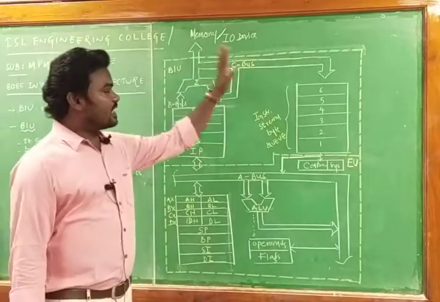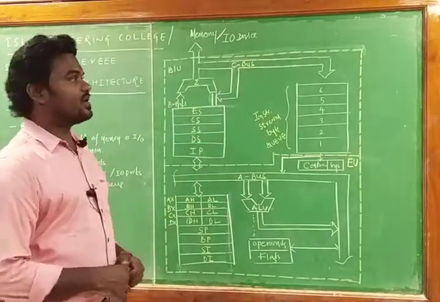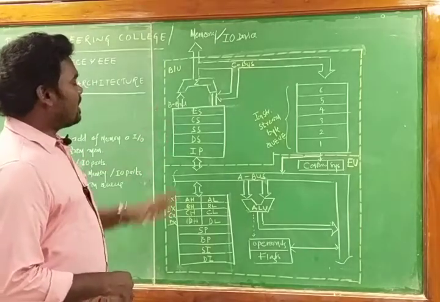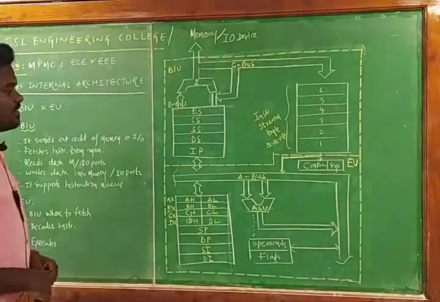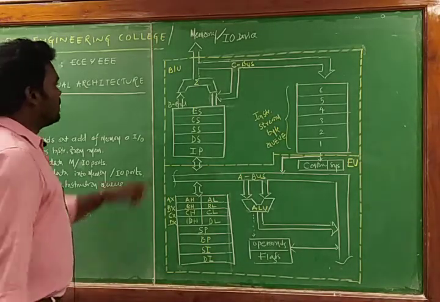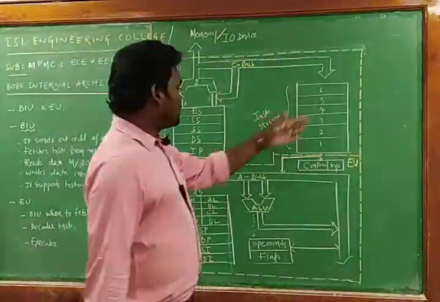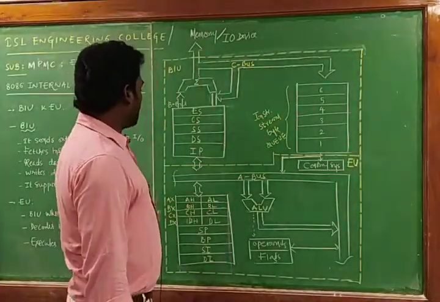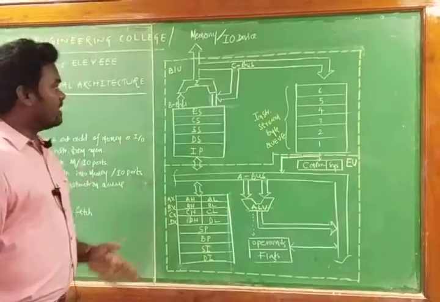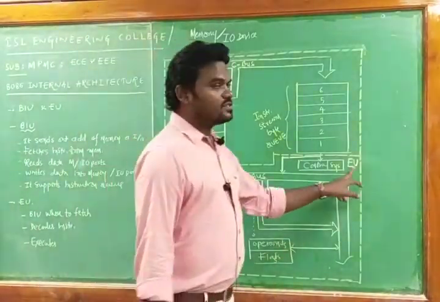This is the diagram which describes the internal architecture of the 8086 microprocessor, and it is mainly divided into two parts. One is BIU, another one is EU, and these two divisions are represented with dotted yellow color lines. The first part is BIU and the second part is EU.